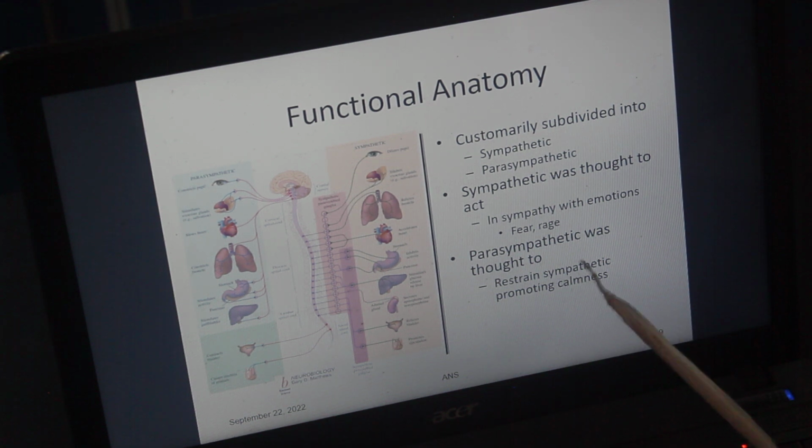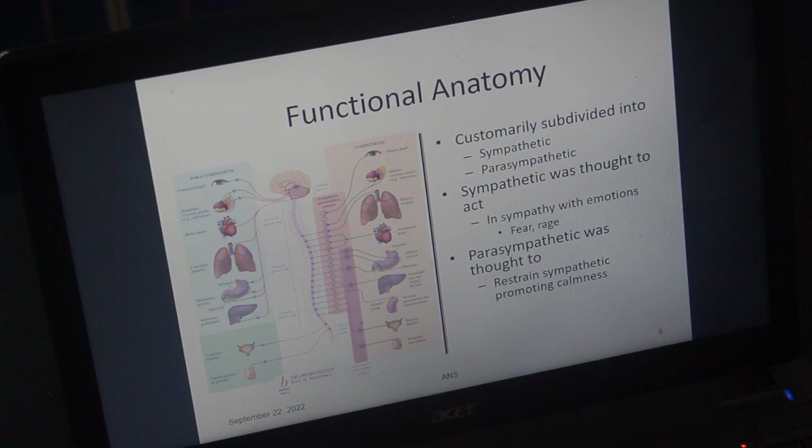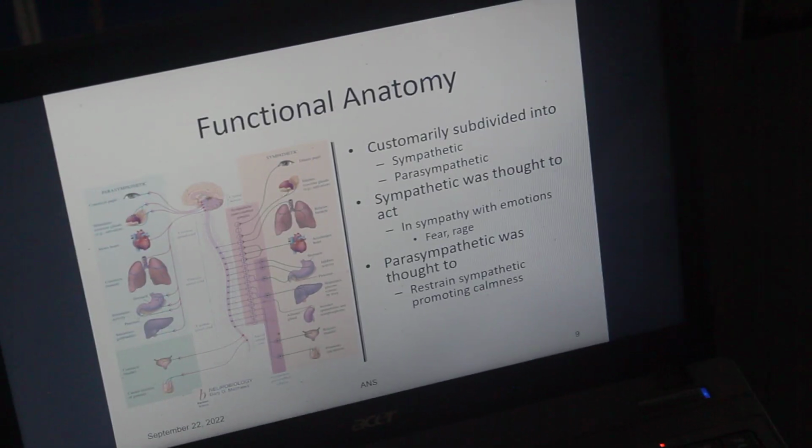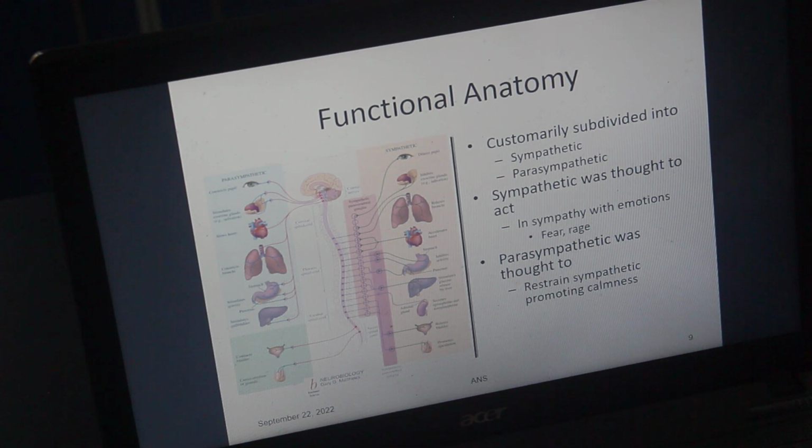But the parasympathetic is thought to restrain sympathetic activities, which means it opposes the activities of the sympathetic. So the two act antagonistically, they oppose one another. One opposes the effect of the other. That's why currently you might be very calm, not even thinking of anything.